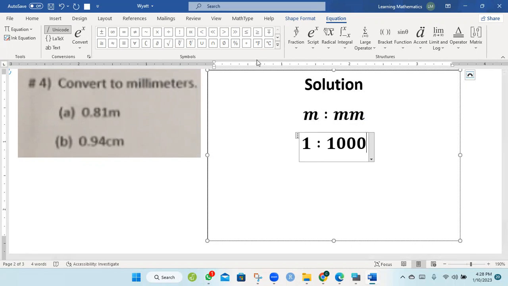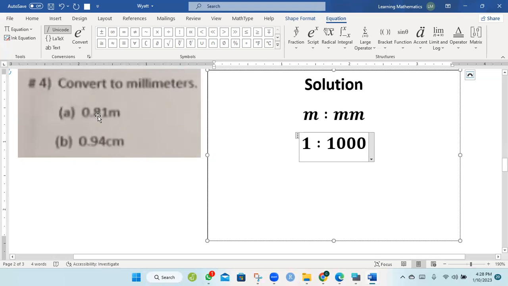Then we go to the third step. The third step is a ratio also, but a number will be missing, represented by a letter. So the third ratio is going to be a number and a letter. You can use X for the letter, what you're trying to find. Now look at the question. The question says you have 0.81 meters and you want to convert to millimeters.